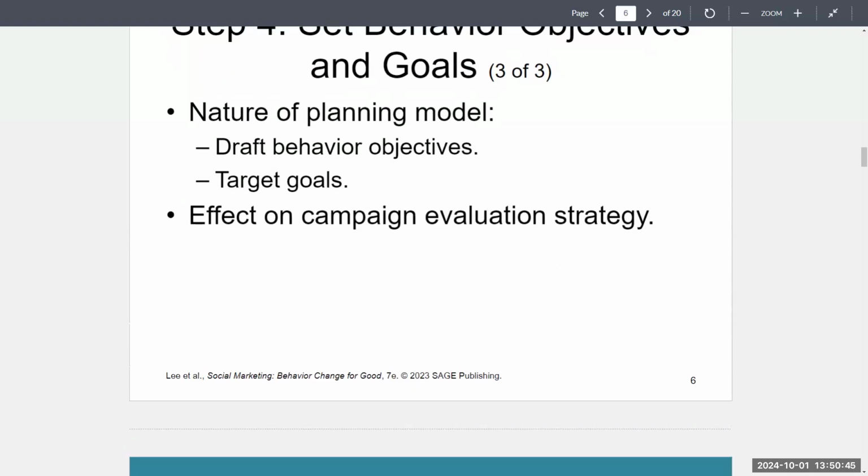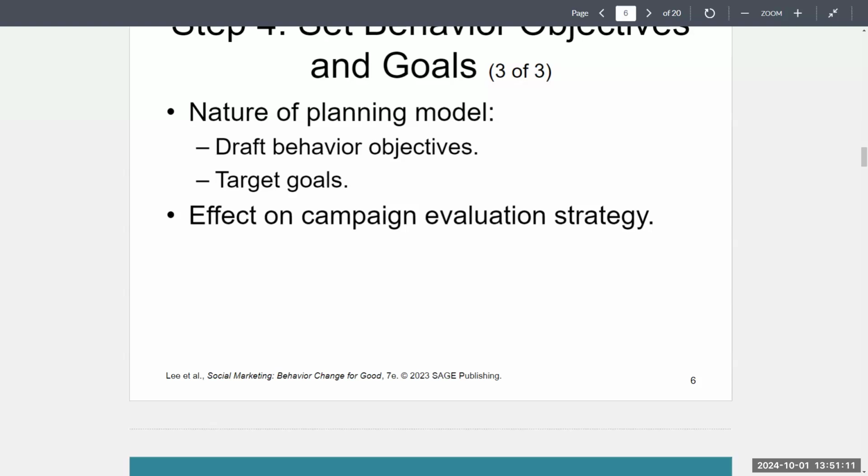So another way to talk about the effect on campaign evaluation, you're looking at providing clarity and direction for assessing the impact of your effort. You're providing measurability and effectiveness assessment, which would be the behavior objective and the target goals as criteria for evaluating the effectiveness of your intervention campaigns.